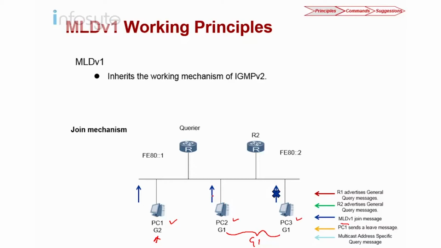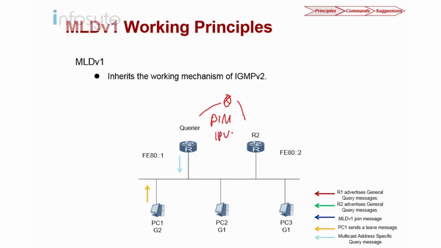So this join message is sent by PC2 to the querier to join G1, or group 1, but PC1 wants to join a separate group, so it will also send an MLD join message. Once the messages are sent, the higher-level router running PIM, in this case PIM IPv6 sparse mode, is going to send the multicast to PC1 to PC3.